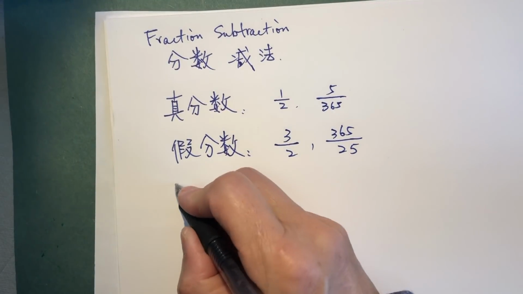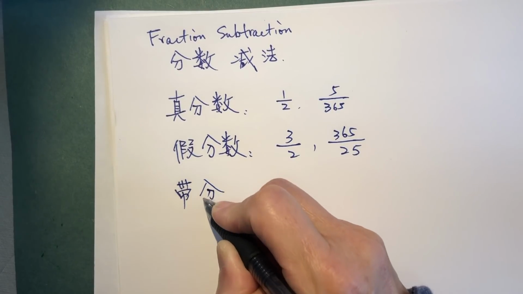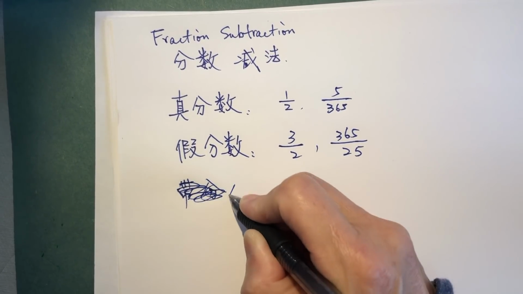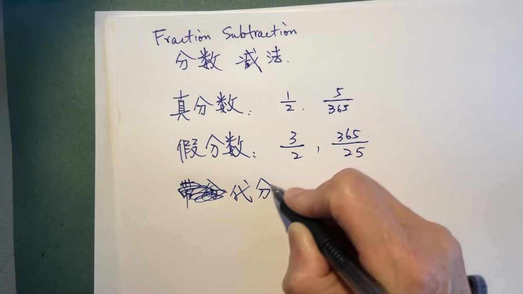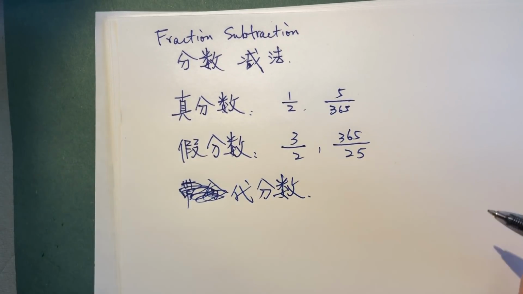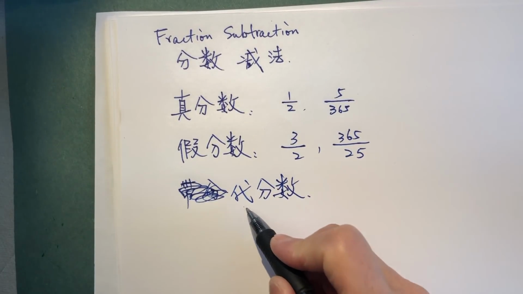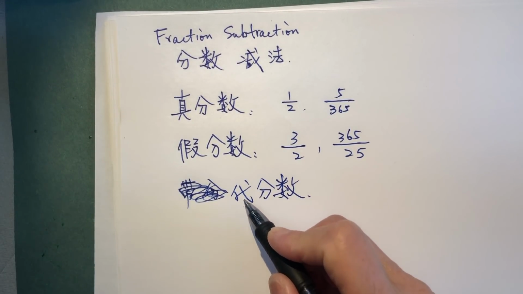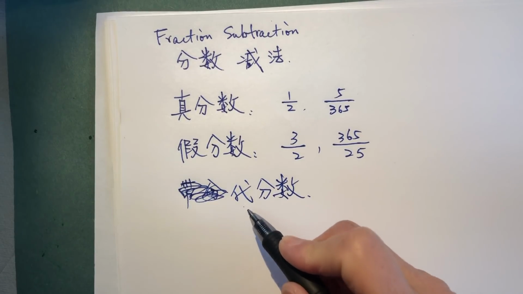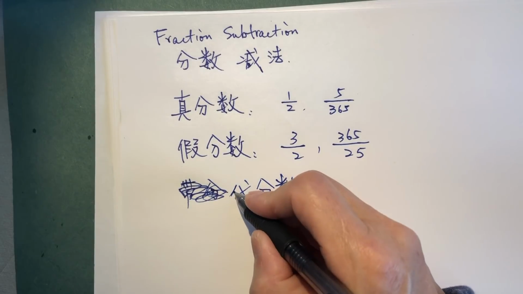So we change into 带分数, which in English is mixed number. 带 is go together. 妈妈带着孩子带. This is the way we say it.